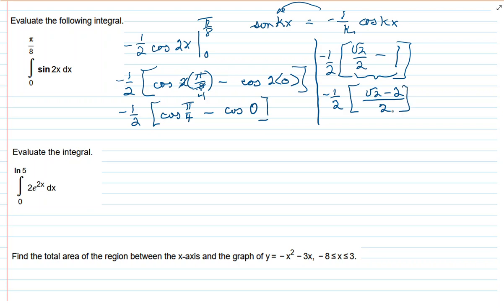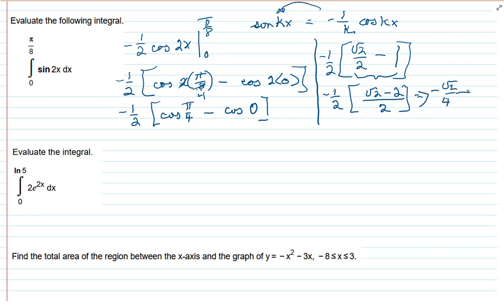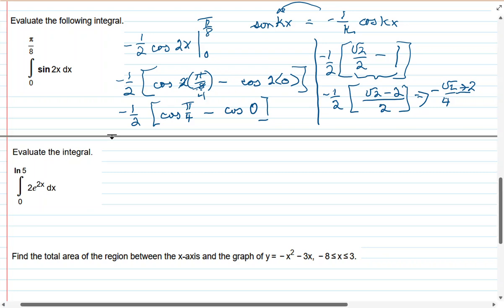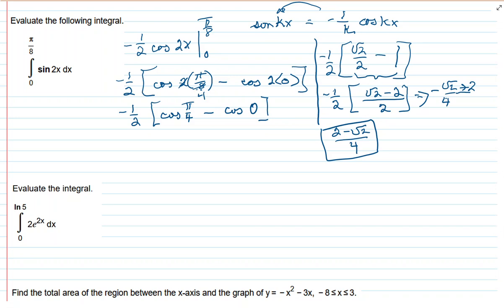So now I can get my answer easily: a negative square root of 2 over 4 plus 2. Now we could rewrite this, which would make it elegant in mathematics, to read 2 minus the square root of 2 over 4. And we can't reduce that.